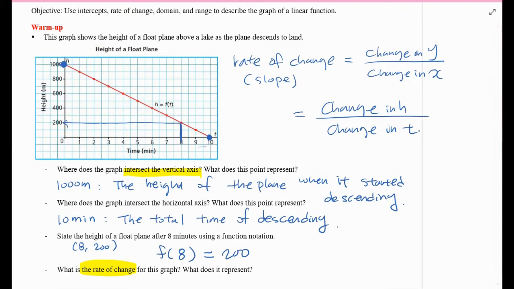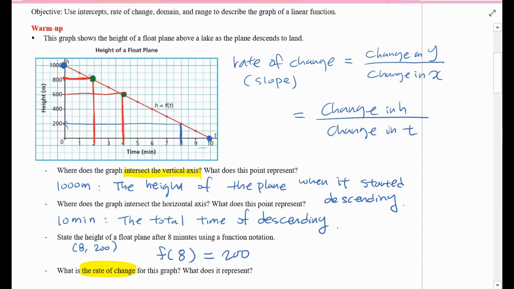So let's see how it actually changes. Look at this. We are going to find 2 points. Let's just pick 2 points: I'm going to pick (2, 800) and (4, 600). From this point to this point, we look at the h value first.